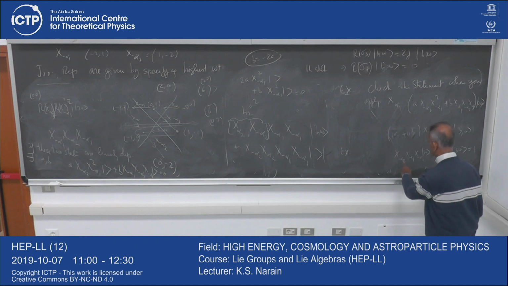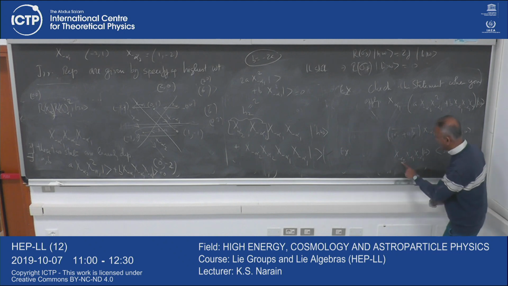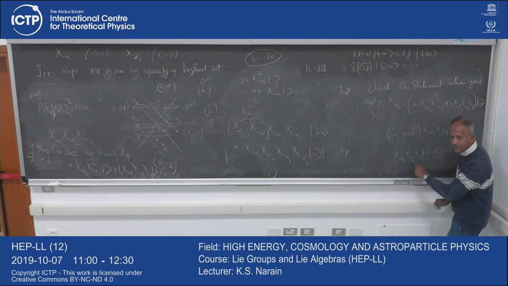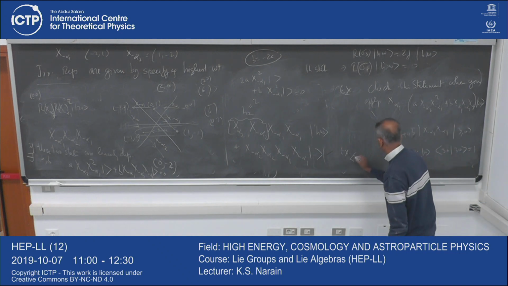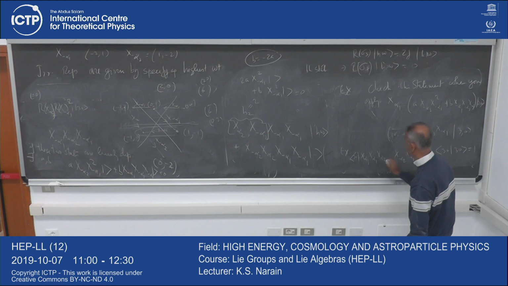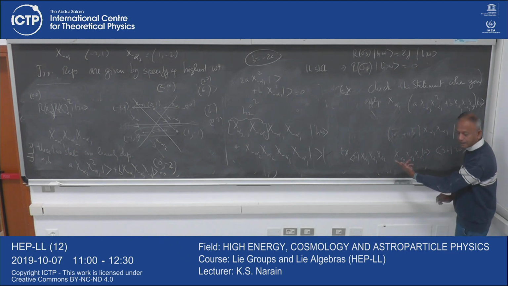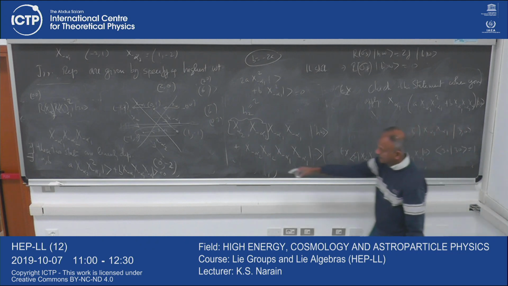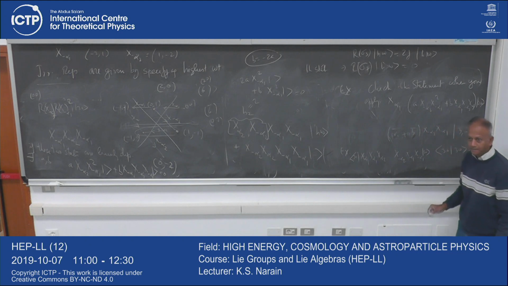So the norm of this state is defined by this and the dagger of that, right? But the dagger of these become plus alpha 2, plus alpha 1, etc. So it will become 3-0 and then x alpha 2, sorry, I have to change the order. When I take the dagger: x alpha 1, x alpha 1, x alpha 2. Okay? The dagger of this. And in the same way, the dagger of the other state will be in a different order of these operators, right?